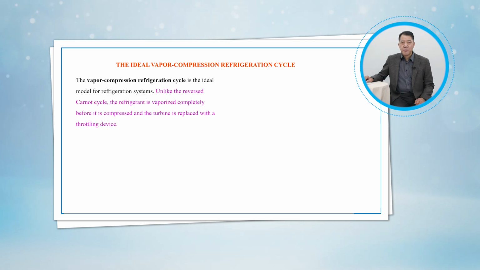Many of the impracticalities associated with the reversed Carnot cycle can be eliminated by vaporizing the refrigerant completely before it is compressed and by replacing the turbine with a throttling device, such as an expansion valve or capillary tube.